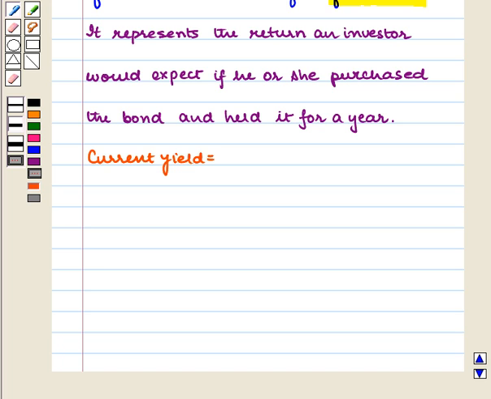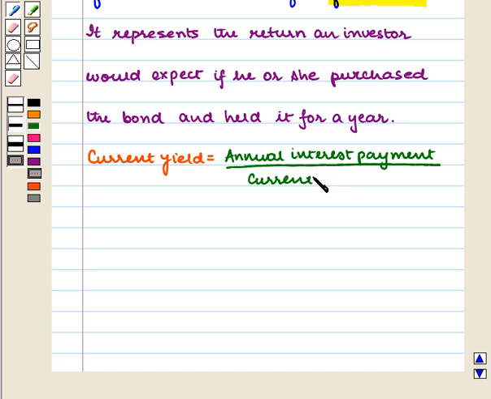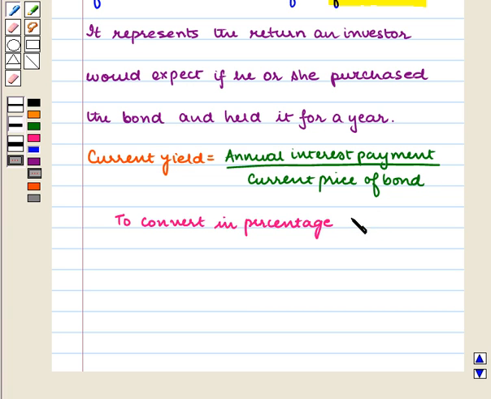The formula for calculating current yield is given by annual interest payment upon current price of bond. To convert it into percentage, we multiply it by 100.